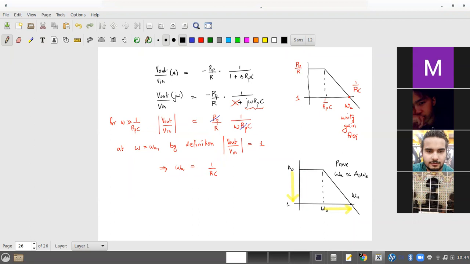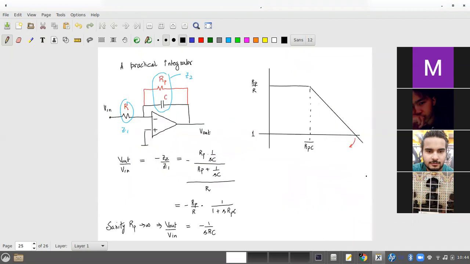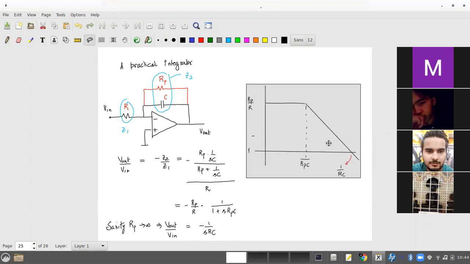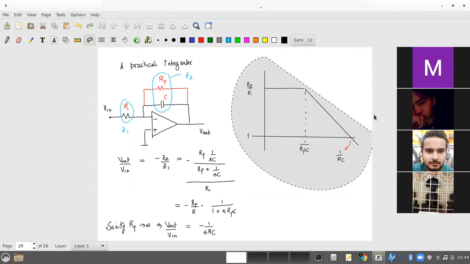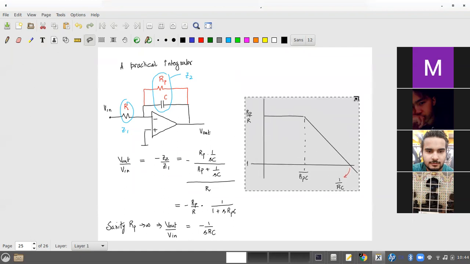Right? Okay. Let's go back. So this term is 1 by RC. Now, does this look like the transfer function of an integrator? Keep in mind, why did we introduce this Rp?